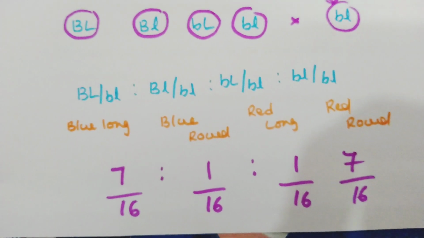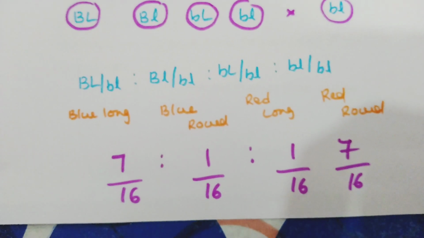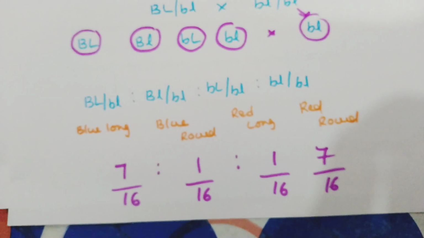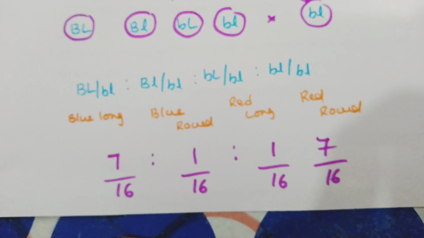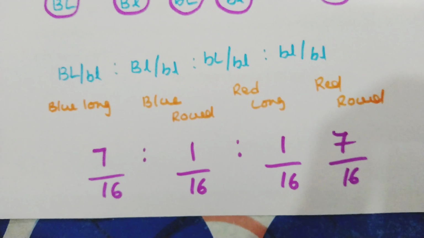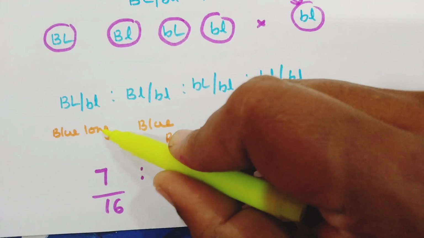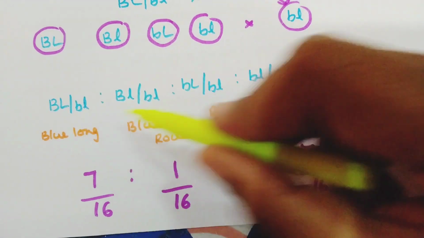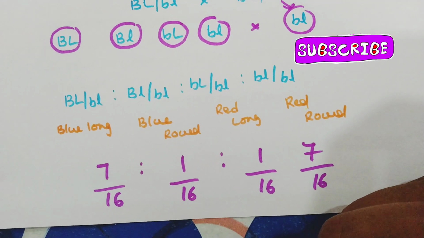So this case is different from the above case. In the coupling phase we got more parental combinations, but in the repulsion phase we got more recombinants. These two are the recombinants here, and these two are the parental combinations. Should remember.